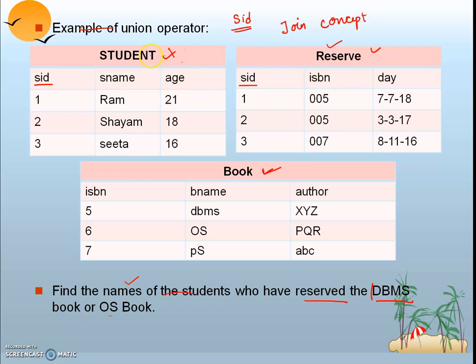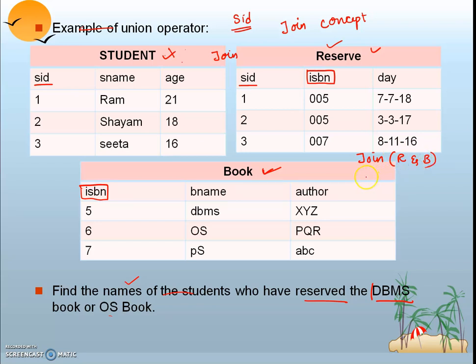So here I can join student and reserve very conveniently. In the same way, if I look into reserve and book, there is one attribute called ISBN, which is common in both the tables, isn't it? If you observe carefully, ISBN is the common attribute between reserve and book. In that case, even here I can apply the concept of joins, between the reserve and book tables.